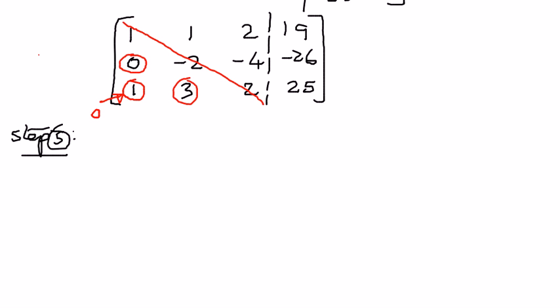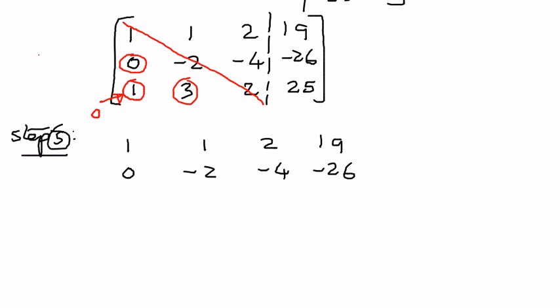So therefore, we're going to write it out in this manner: 1, 1, 2, 19, and then 0, negative 2, negative 4, negative 26. We didn't change anything there.